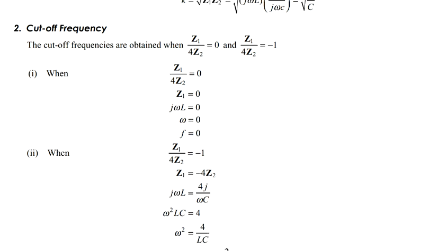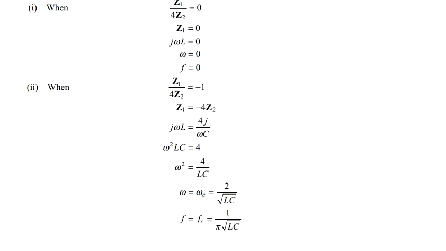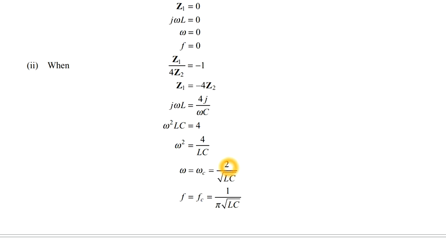Similarly, when Z1 by 4 Z2 is -1, then Z1 is equal to -4 Z2. When you substitute Z1 and Z2 values here, you will get omega C equal to 2 by root LC, whereas fc, which is in Hz, is 1 by pi root LC, because omega is nothing but 2 pi f. So if you substitute that, you will get the cutoff frequency in Hz.